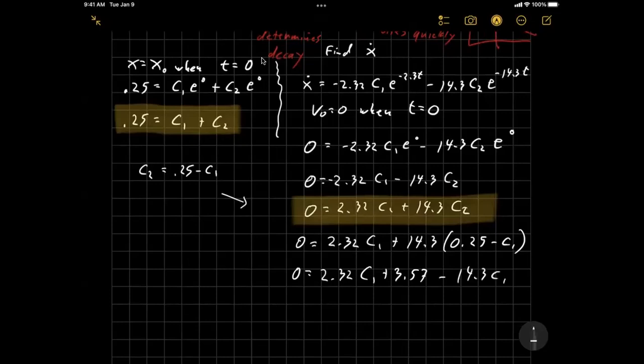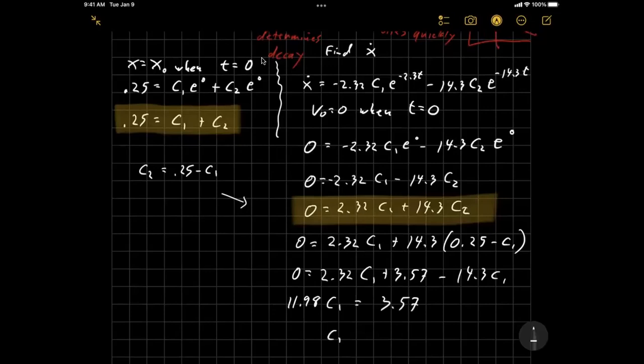And 14.3 minus 2.32. So if we bring those C1s to the other side, we'll get a total of 11.98 C1 is equal to 3.57.